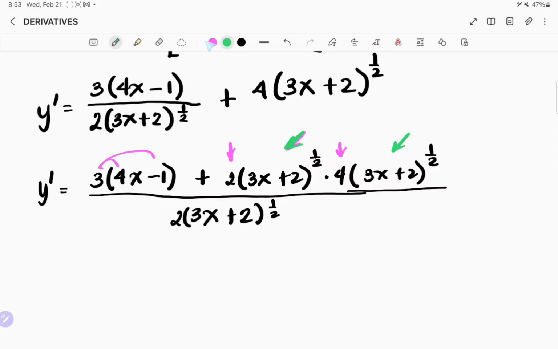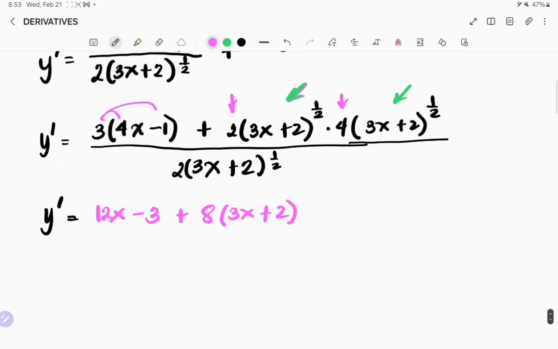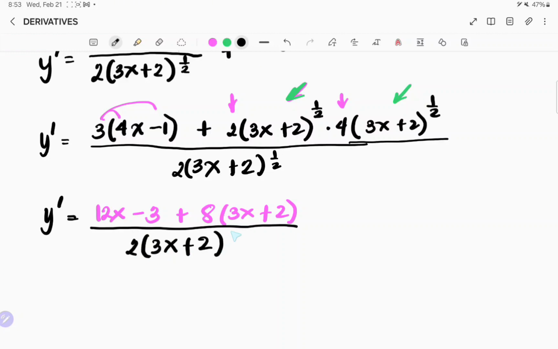Okay, so let's start with y prime is equal to, distributing 3 will give us 12x minus 3 plus 2 times 4 is 8, and multiplying 3x plus 2 raised to 1 half and another 3x plus 2 raised to 1 half will give us 3x plus 2 raised to 1, because 1 half plus 1 half is 1. So 3x plus 2 here has an exponent of 1, and we are not going to write it anymore. Over 2 times 3x plus 2 raised to 1 half.